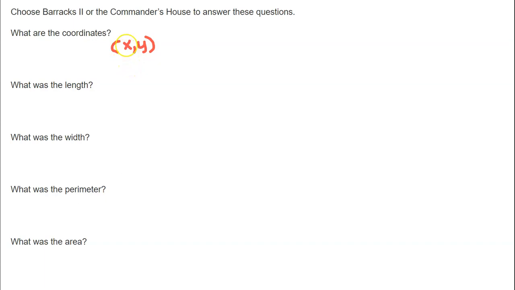So for the base, you're going to use what we would consider your first set, or what we call a subset. Let me erase this and show you a better way. So that would look like this: X subset 1 and Y subset 1, as well as X subset 2 and Y subset 2.